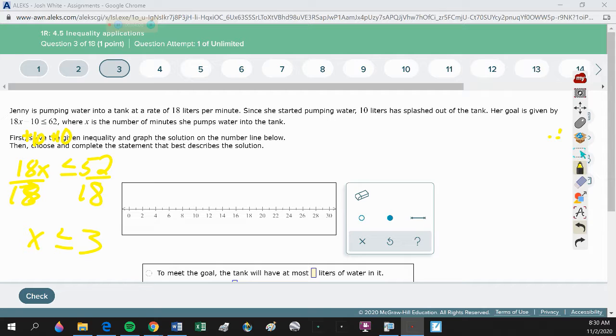We're adding 10. 62 plus 10 is 72. And 72 divided by 18 is 4. Closed circle or open circle? Closed circle, which way do I draw the arrow? That way, being left.